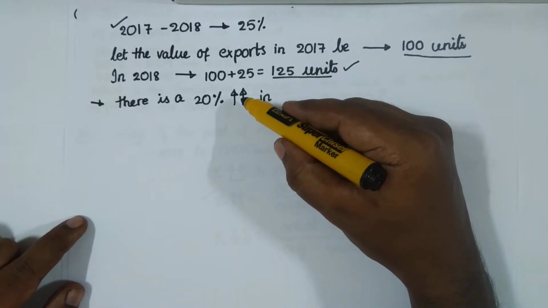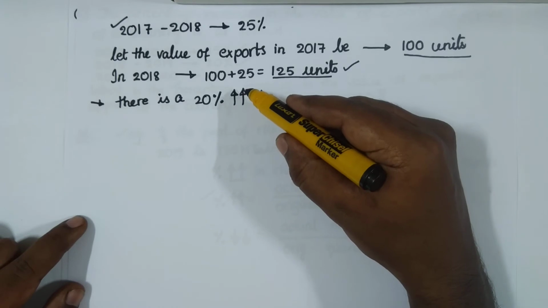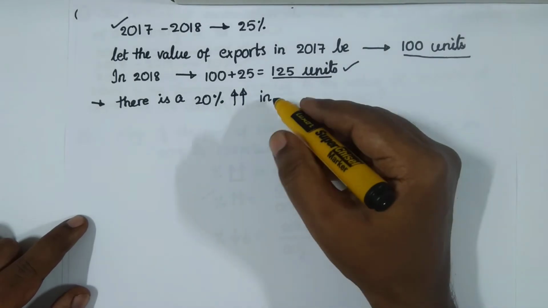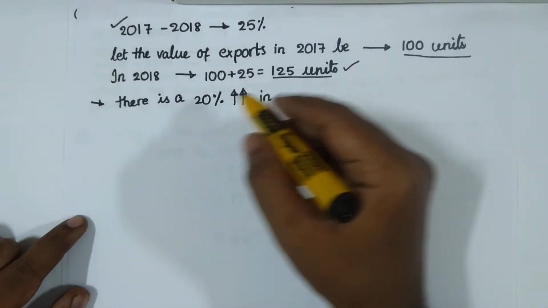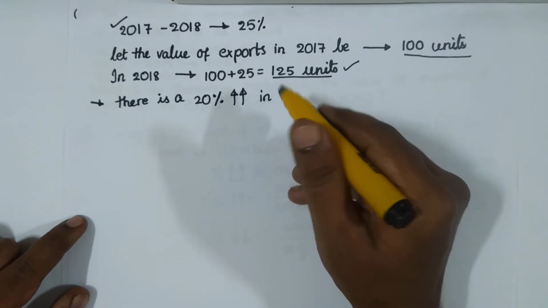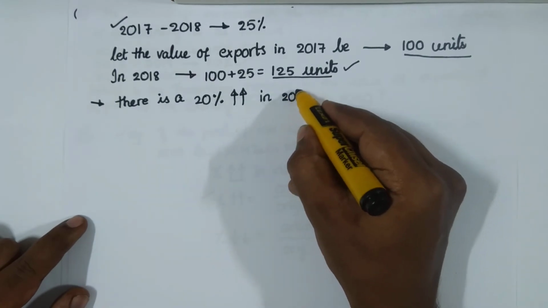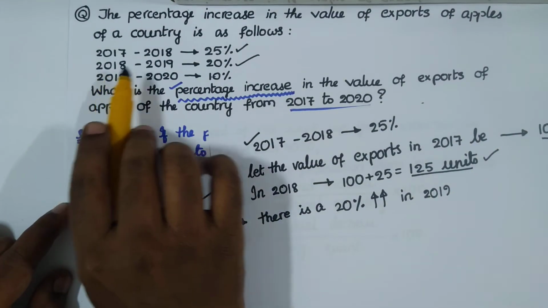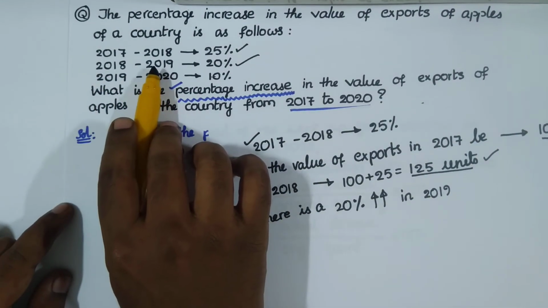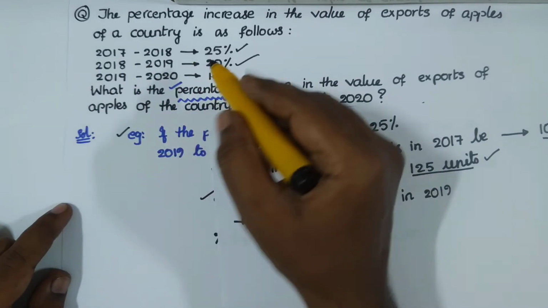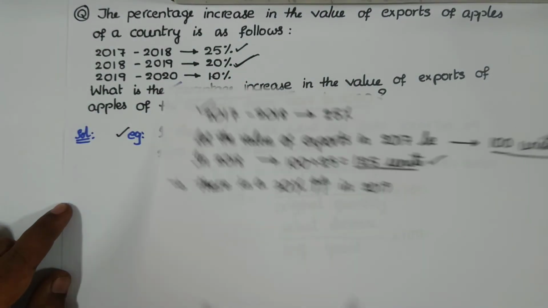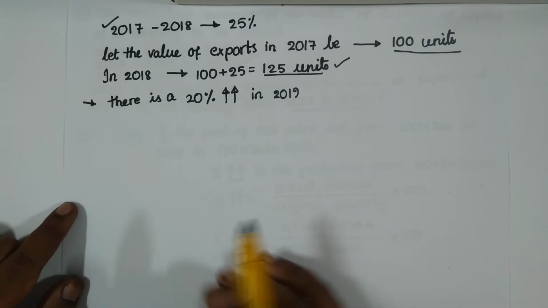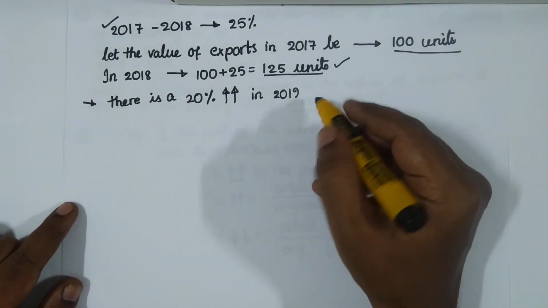When I show double arrows facing upward, it means increase. So there is a 20% increase in 2019, because from 2018 to 2019, the moment we reach here, we can see this 20% increment.